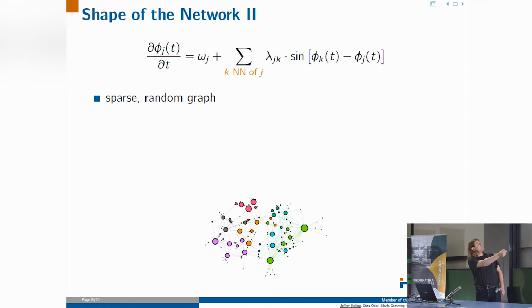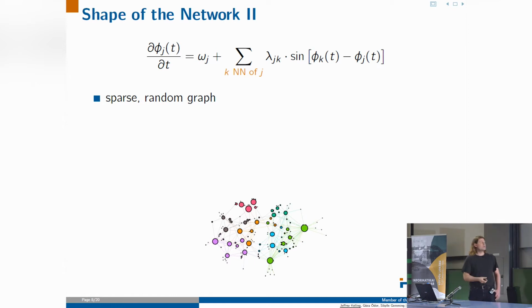I changed the equation a bit, because now we are not summing over our adjacency matrix, but we already optimize a bit and work with neighbor lists, because for each lattice site the set of neighbors is basically random, so we need a list of those. And this network, that's what you also saw from Gesa, is irregular. It has parts like these modules, which are densely interconnected nodes in the network.